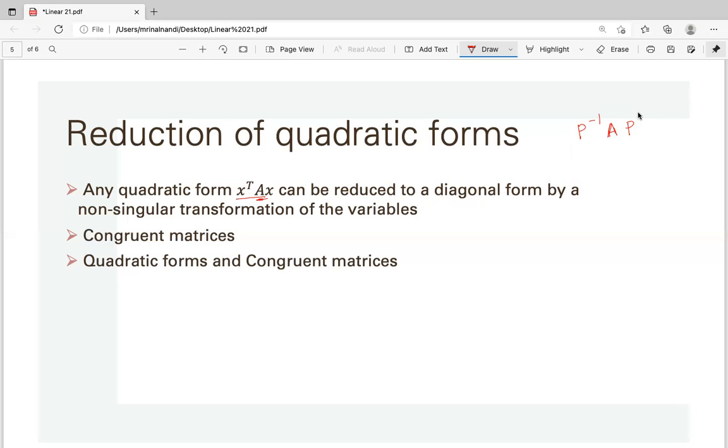We need an orthogonal basis for that; the columns of P are the eigenvectors. We can take P as orthogonal using the Gram-Schmidt orthogonalization process, so that P inverse A P is a diagonal matrix. Since P is orthogonal, P inverse is P transpose. So we take x equal to P y, that change.